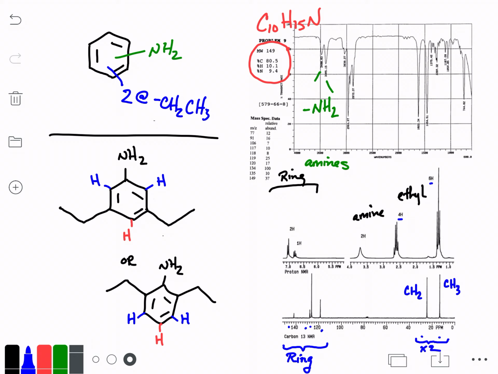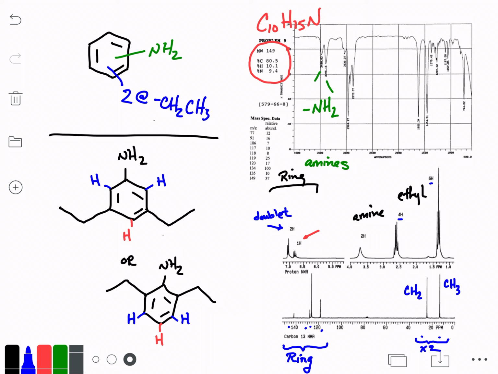The fact that the two hydrogens are shifted further than the one hydrogen suggests that those two hydrogens are closer to the nitrogen, closer to the amino group. Now in both of my pictures, the two hydrogens are closer to the amino group. I listed those in blue. And the one hydrogen is further from the amino group. It's going to be slightly less shifted. And that's in red.